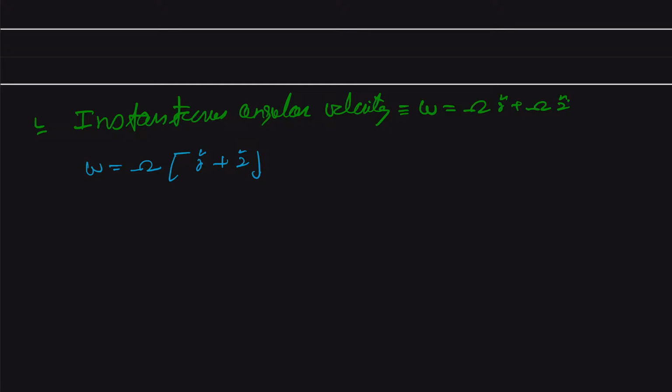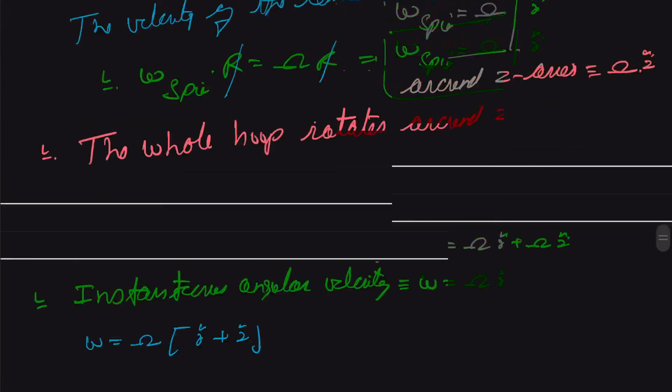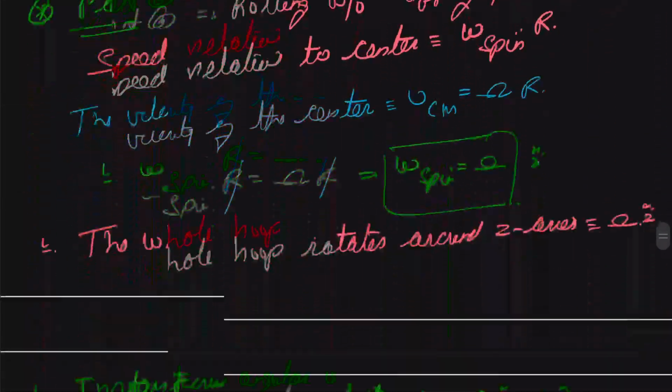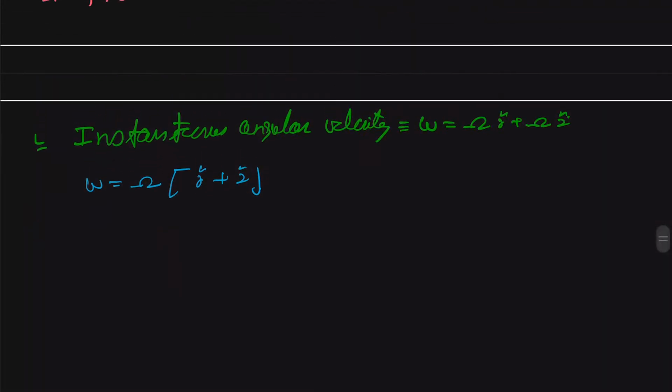And in the second part we are supposed to find the angular momentum of the hoop. The angular momentum of the hoop will be about the center; it is given to us about the diameter, so I of y as well as I of z will be equal to half mr square.